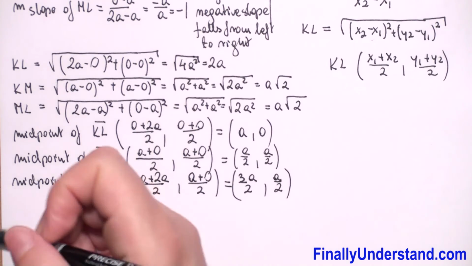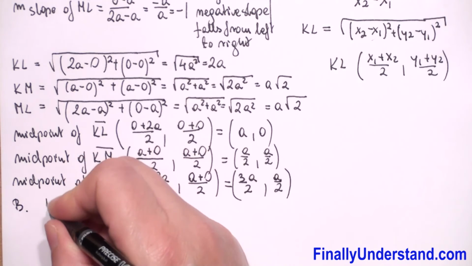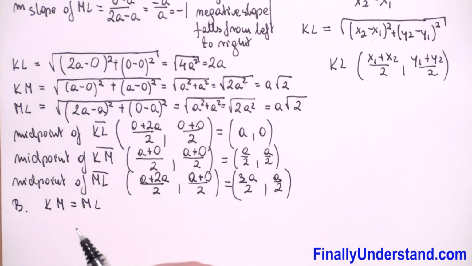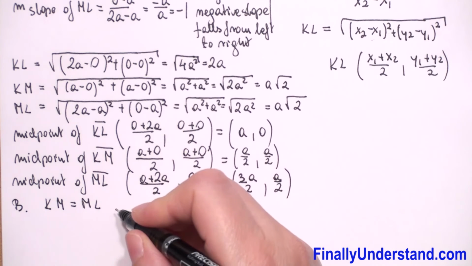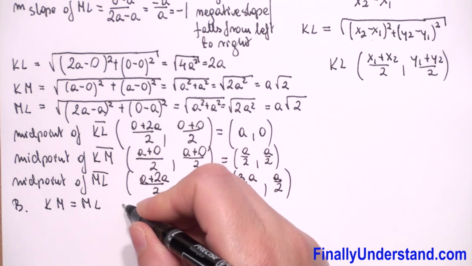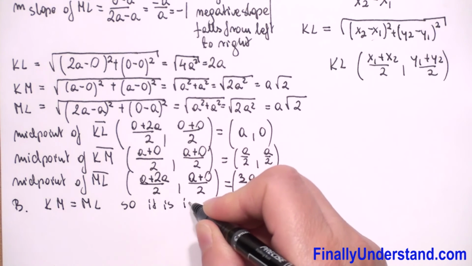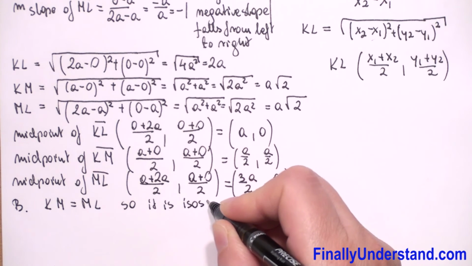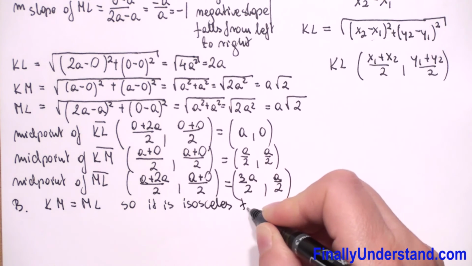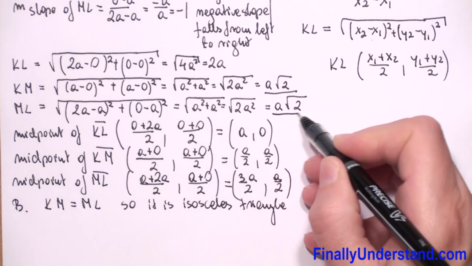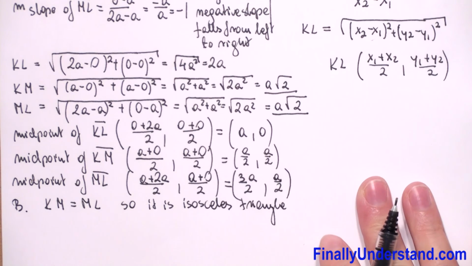So because KM is equal to ML, it means that our triangle is isosceles triangle. These two sides are congruent.